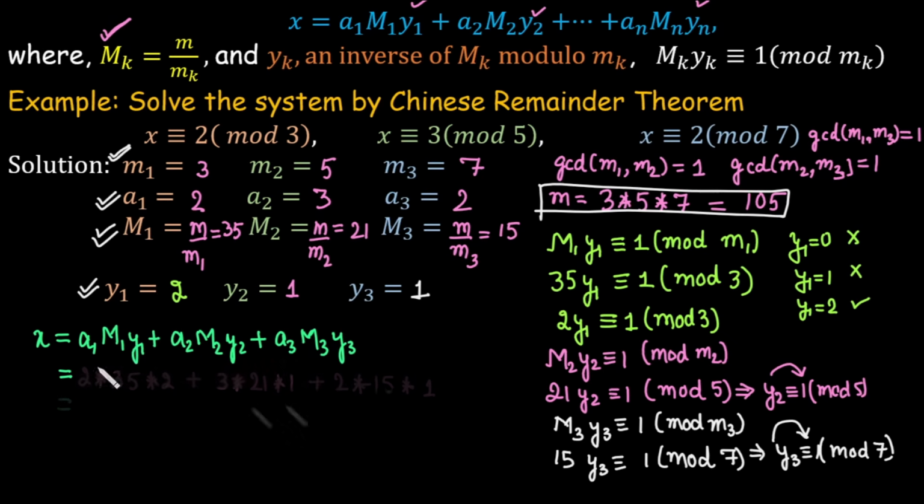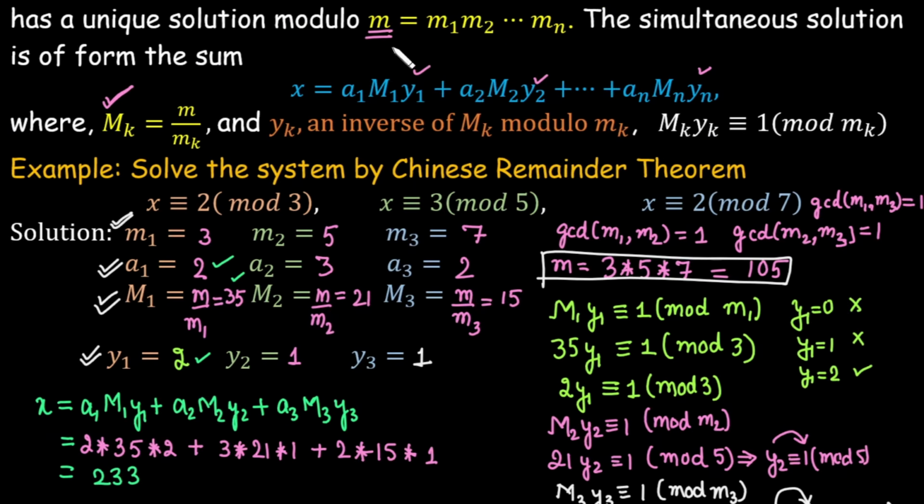This is equal to this, where a1 is equal to 2, capital M1 is 35 into 2. Product of this one plus product of this one plus product of this one. This is equal to 233.